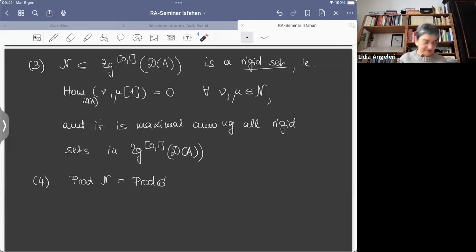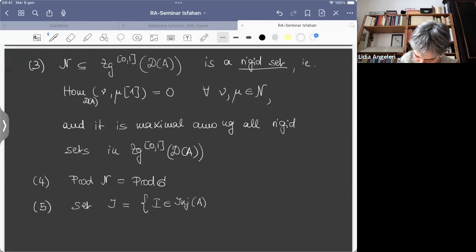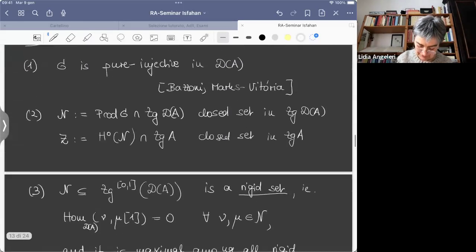So with this observation, we can make a further reduction. Let me first introduce a notation. We write I for the set of injectives which have no morphisms from Z. Recall what Z was.